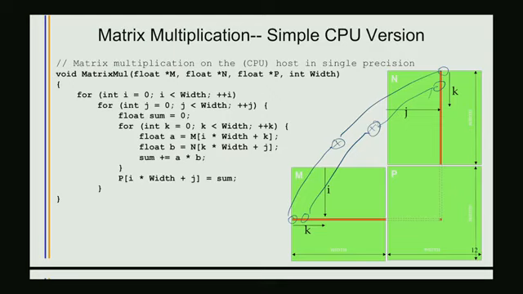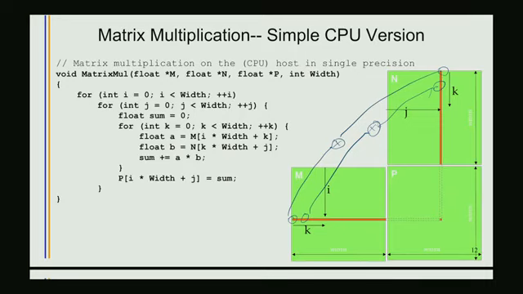What is the idea here? I'm going to iterate essentially through all the elements of P. That's what the outer loop, int i from 0 to width minus 1, does: it iterates through all the rows of P, and then the next loop, the j loop, iterates through all the columns of P. Those two outer loops just tell me the Pij's.